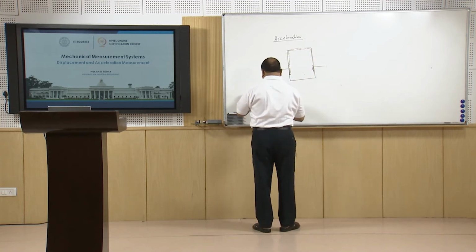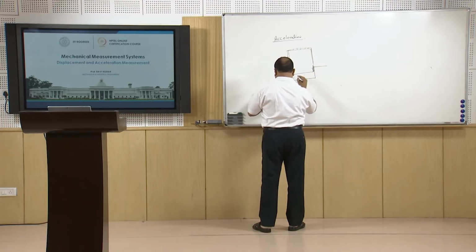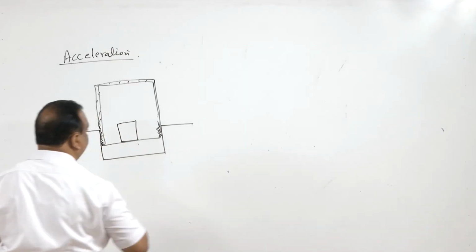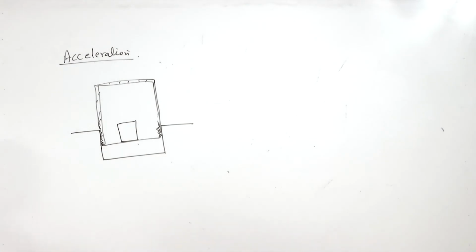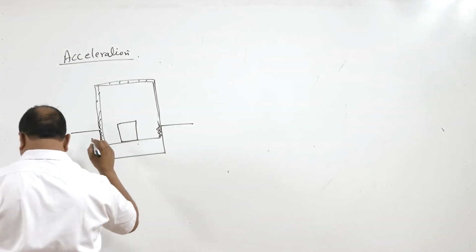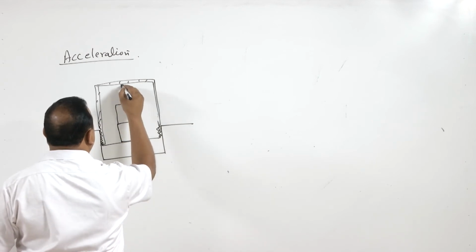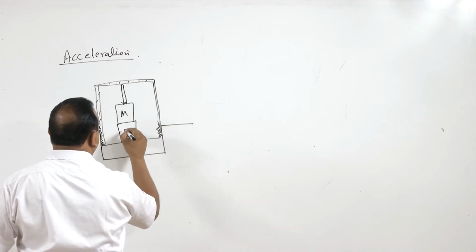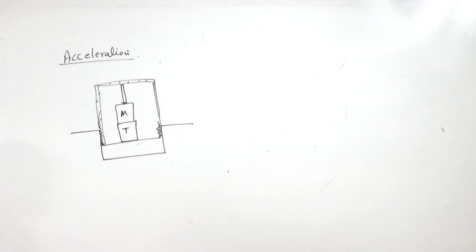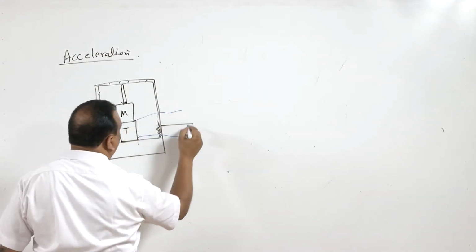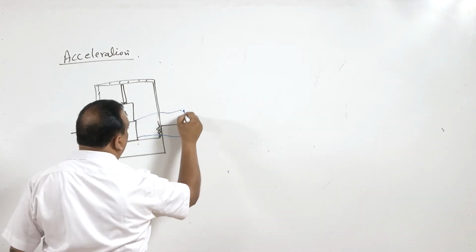Right, and in this housing, a piezoelectric transducer is fixed, right? And above the piezoelectric transducer, there is a mass M, and this is the transducer. And we have connections to this transducer, so we can always have the output of this transducer.